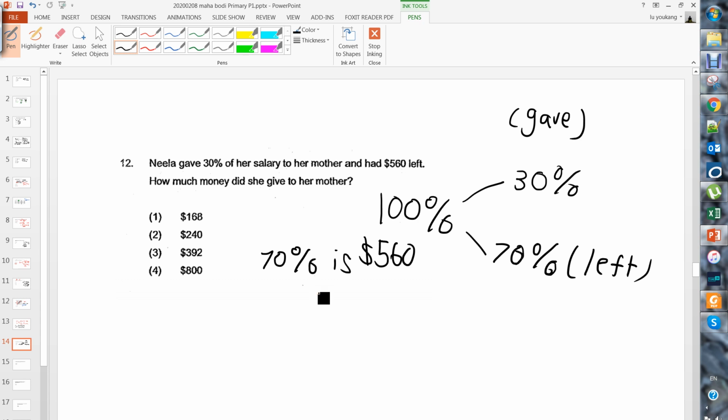What example did we talk about just now? The mass. So what do you need to find here? If 70% is 560, you need to find one. So that means you need to find 1%.